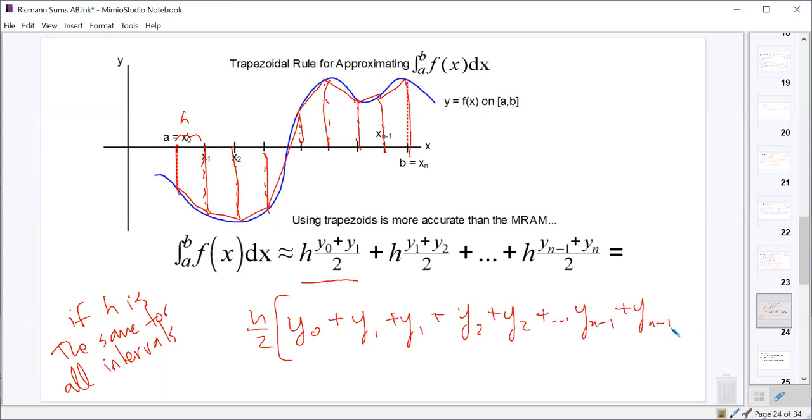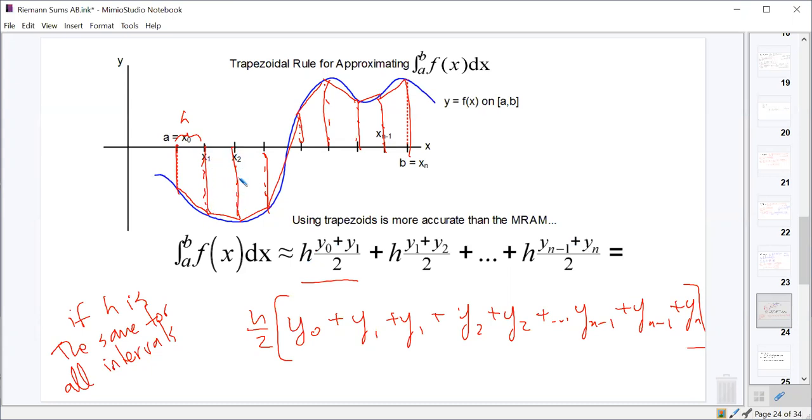And all of them should occur twice, except for the first one and the last one, because as I draw the trapezoids, base 1 plus base 2, I use this one once and this one once, but then as I move on to the next trapezoid, I use this one a second time, and then this one once.